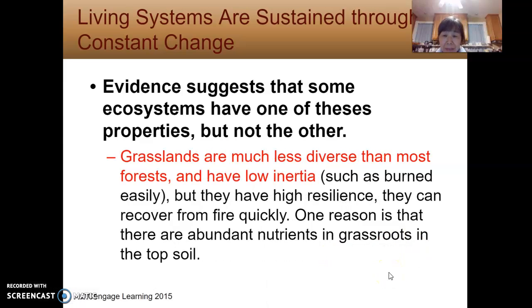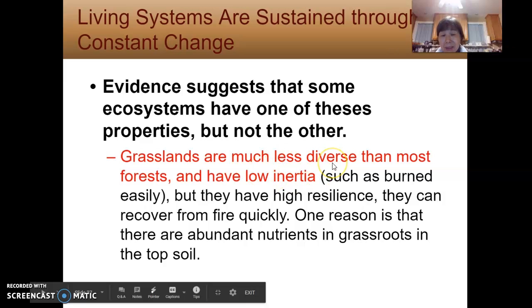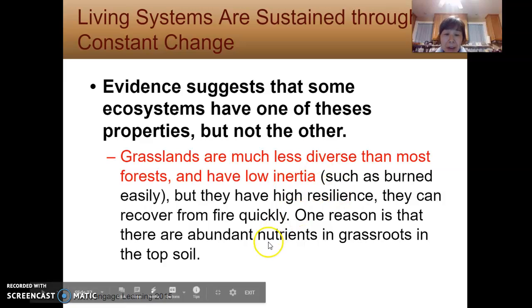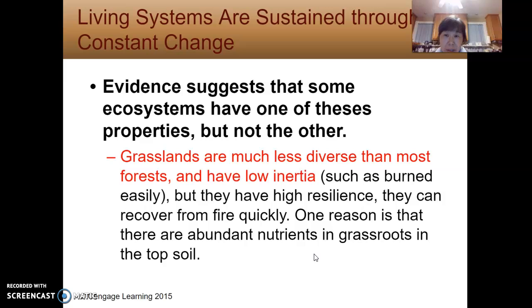On the other hand, if you look at the grassland, it seems like not much to resist. They easily catch fire. But after the fire, they come back quickly because they have a lot of nutrients in their grassroots. So understand the two differences: inertia is not able to change much, or resistance, while resilience is easy to come back once changed.